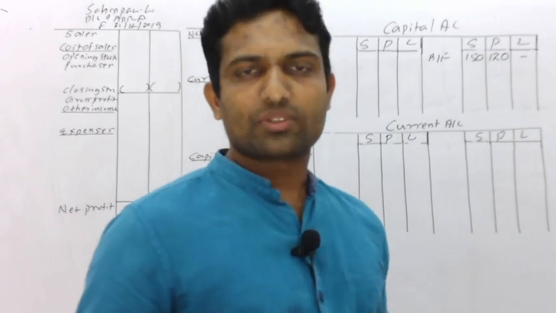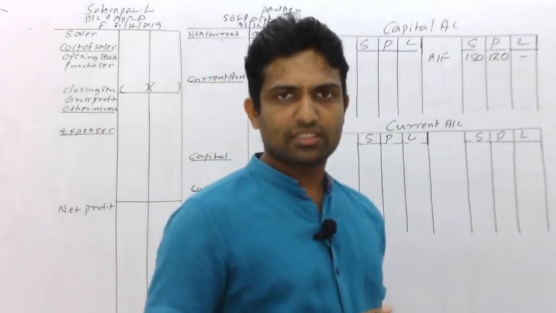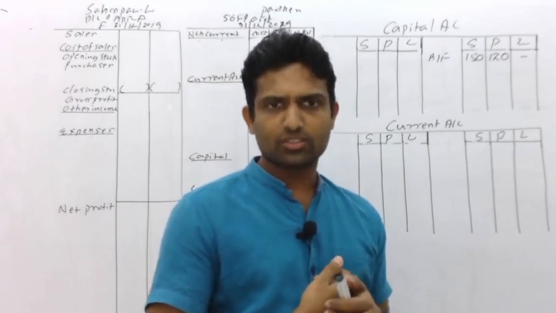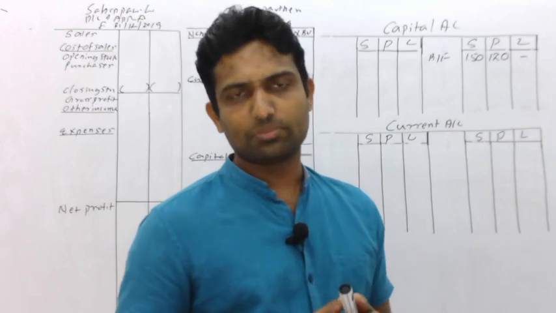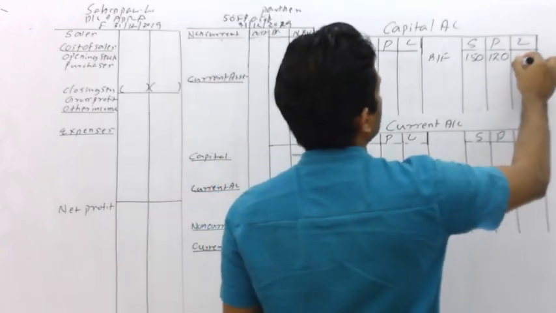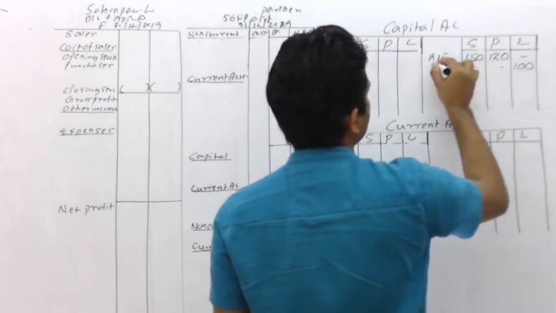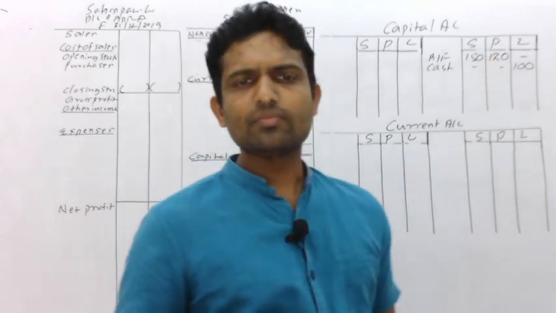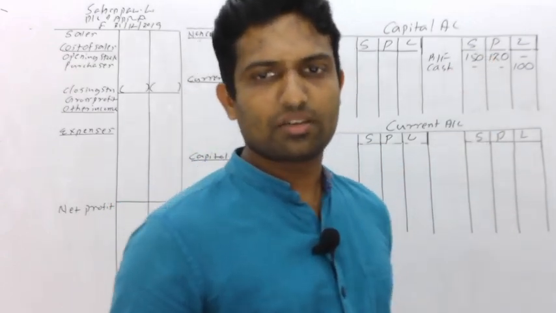Cash brought by Leon is recorded in the trial balance. That means the amount increased by Leon they have already recorded, right? So no need to add that again on cash because that should have been accounted. This 100 you can record here, credit, cash. Next, current account balances given, Sahan and Pawan, 5 and 3.